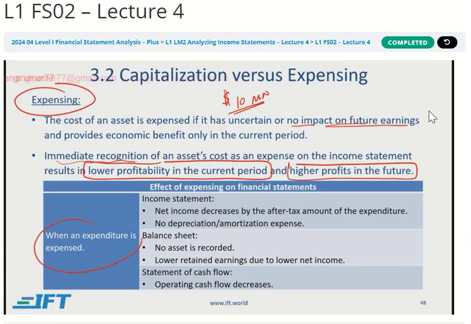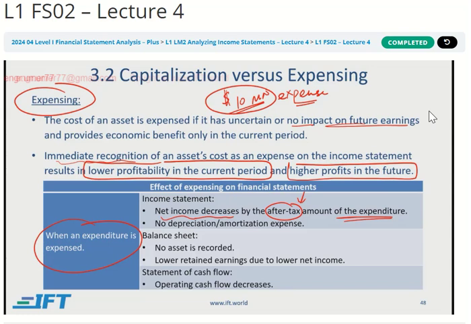So if it is expensed out, what will happen on the income statement? The first year, your net income will be very badly affected. It will decrease by the after tax amount of the expenditure. Why after tax? Because obviously this expense which you will record will completely destroy your profit for that year, which means less profit means less tax. So you will get a tax benefit on that huge expense because it will reduce your profit and you will definitely not have to pay tax on the reduced profit.